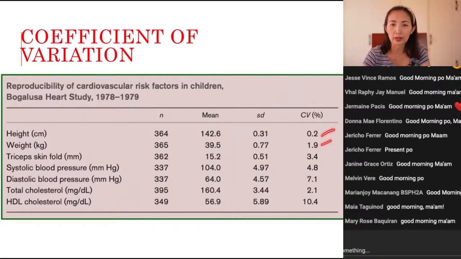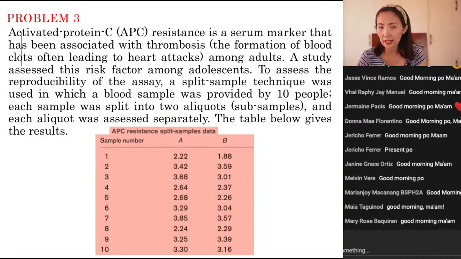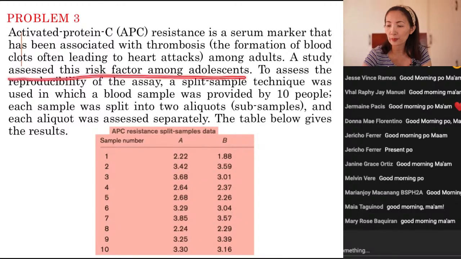Problem number 3. Activated protein resistance is a serum marker that has been associated with thrombosis, formation of blood clots, often leading to heart attacks among adults. A study assessed this risk factor among adolescents. To assess reproducibility of the assay, a split sample technique was used in which a blood sample was provided by 10 people.